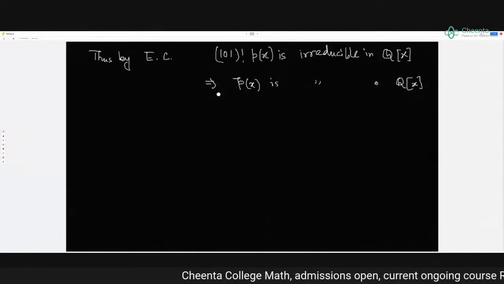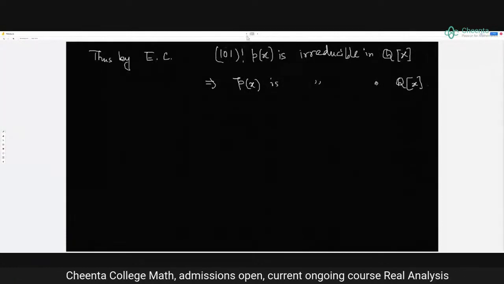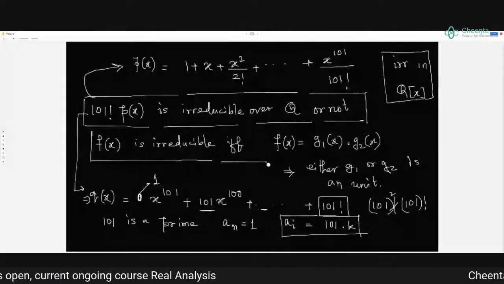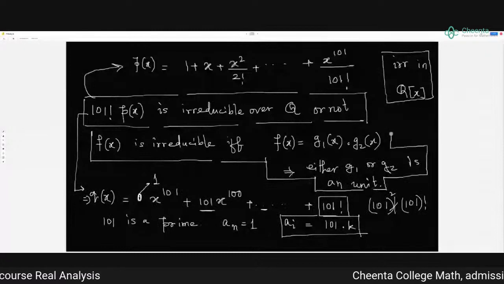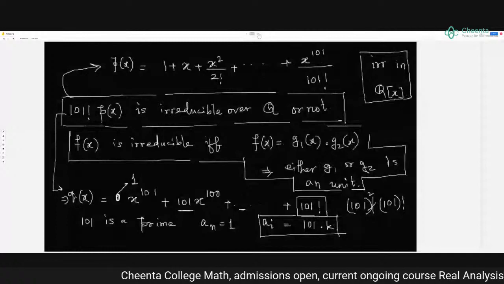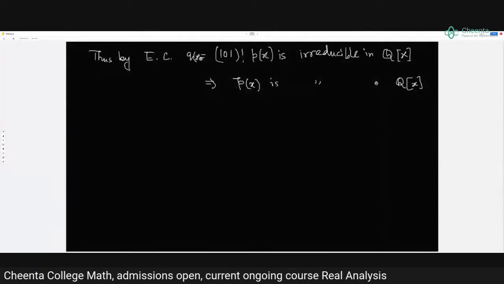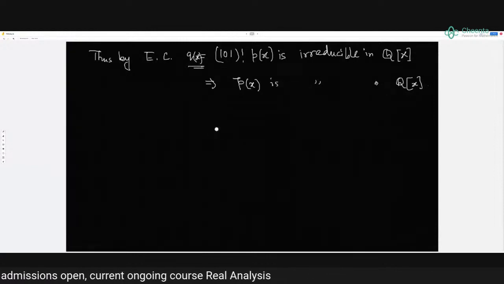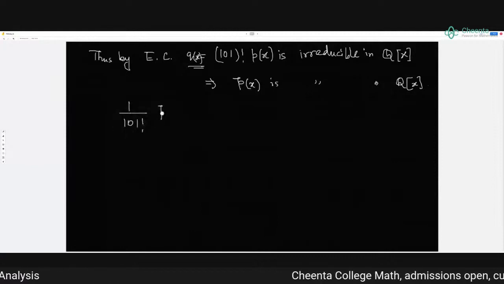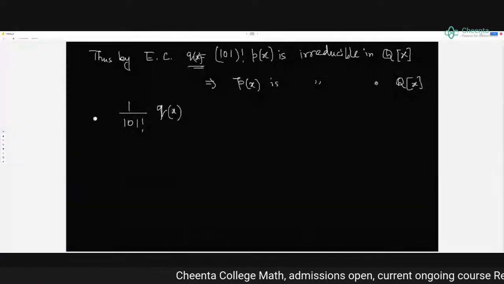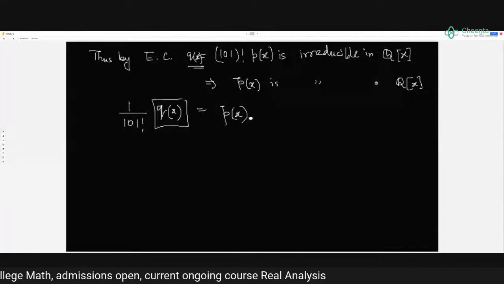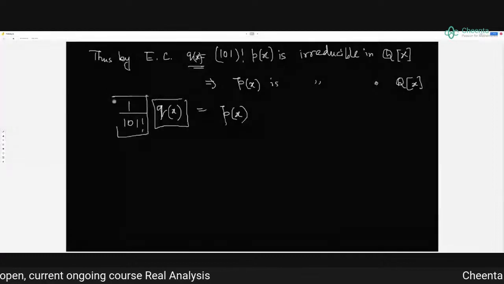One thing to be very careful about is the definition of irreducibility. As you can see, f(x) is irreducible if and only if, when it breaks into two factors, one of them has to be a unit. So 101 factorial P(x) and P(x), what is the difference? If this is my Q(x), I have proved that Q(x) is irreducible over Q. That means P(x) is nothing but 1 by 101 factorial times Q(x). Now P(x) has only two factors, 1 by 101 factorial and Q(x).